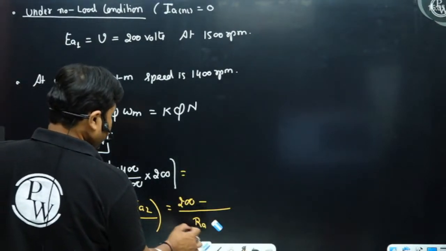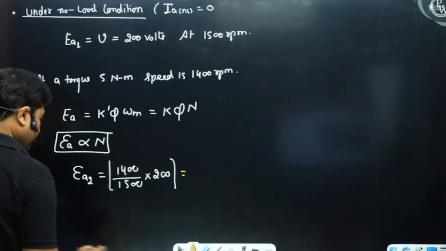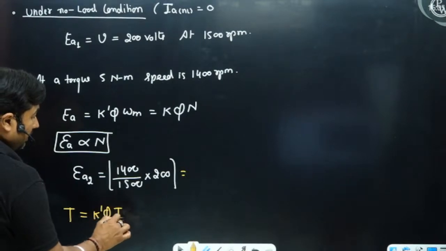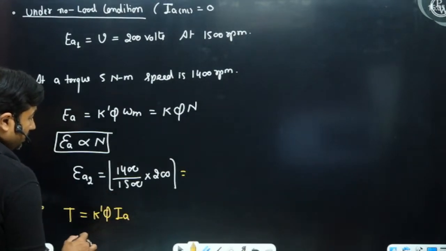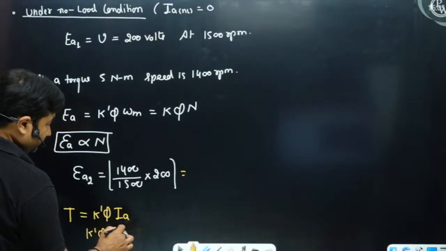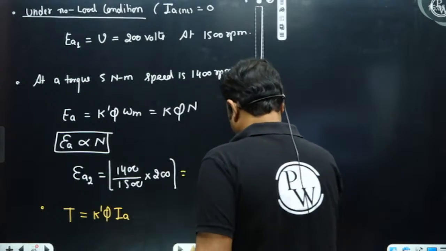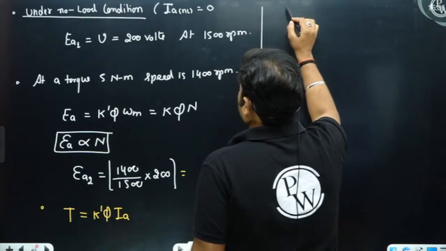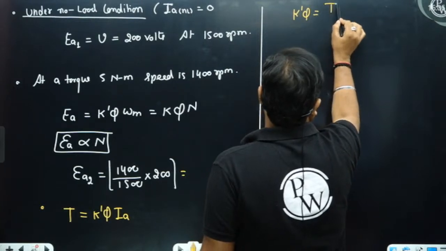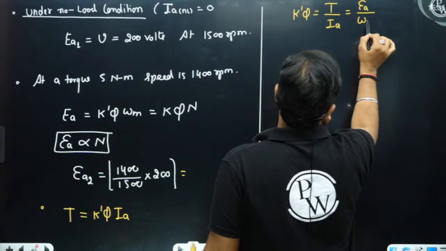IA can be calculated from the torque expression as well. Torque is K dash phi into IA, and K dash phi is torque upon IA, or you can write EA by omega m.